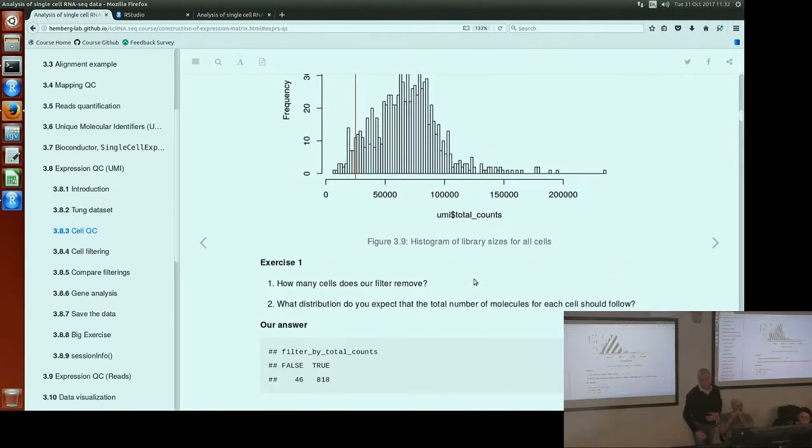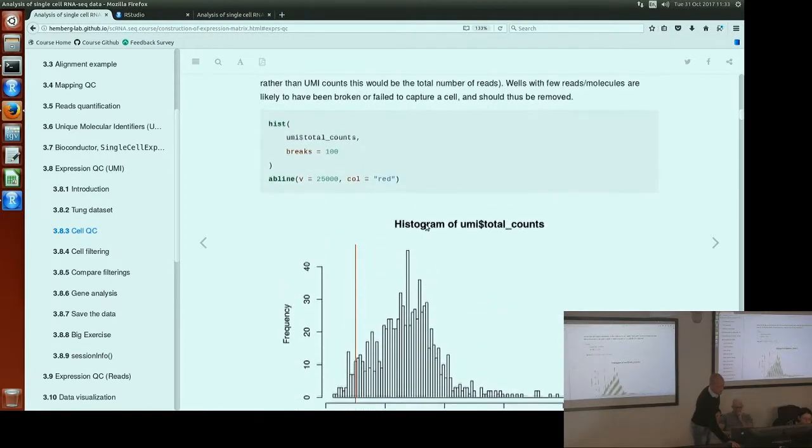Okay, so actually we forgot to provide the filter expression here. As I mentioned before, you can go to the Rmd file in RStudio and find the solution to this exercise. Well, actually, sorry, I'm wrong. So here, when we plot this red line, we define the threshold of 25,000 total counts.